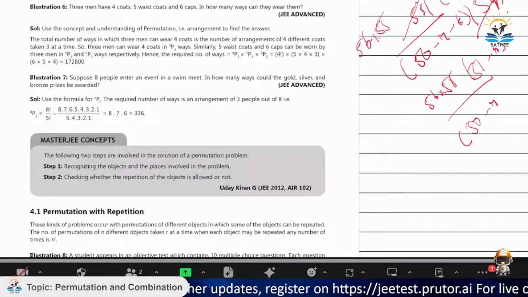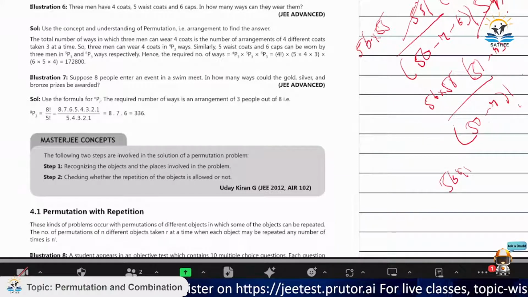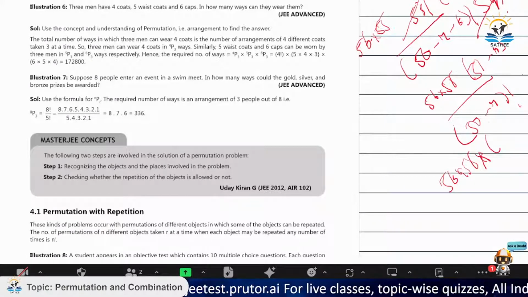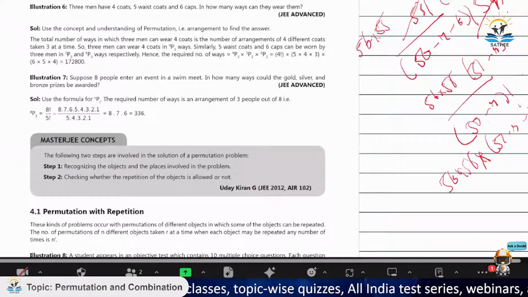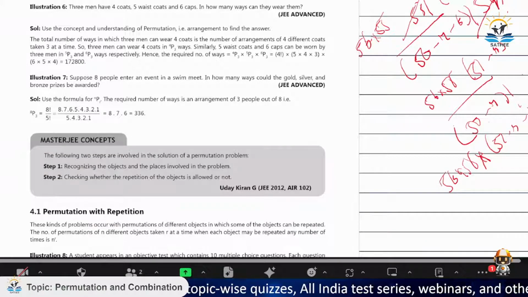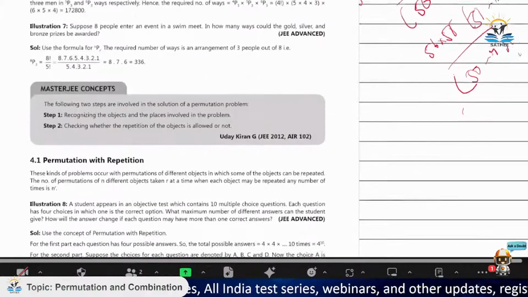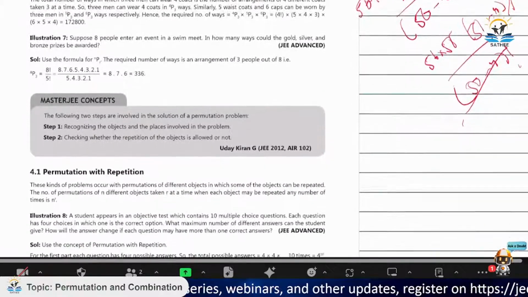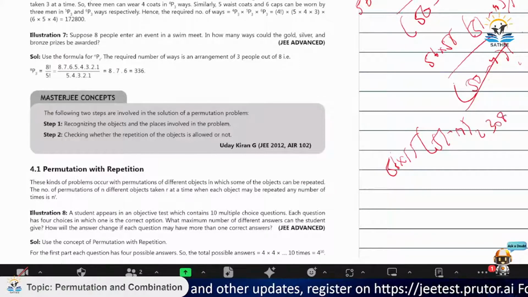If I write it as 56 into 55, and so I can write it as 51 minus r minus 1 plus 1 factorial, right? So let us see which is bigger. Above 1 is always bigger. So this would cancel this whole term. Then I'm left with 56 into 55 into 51 minus r is equals to 30800.